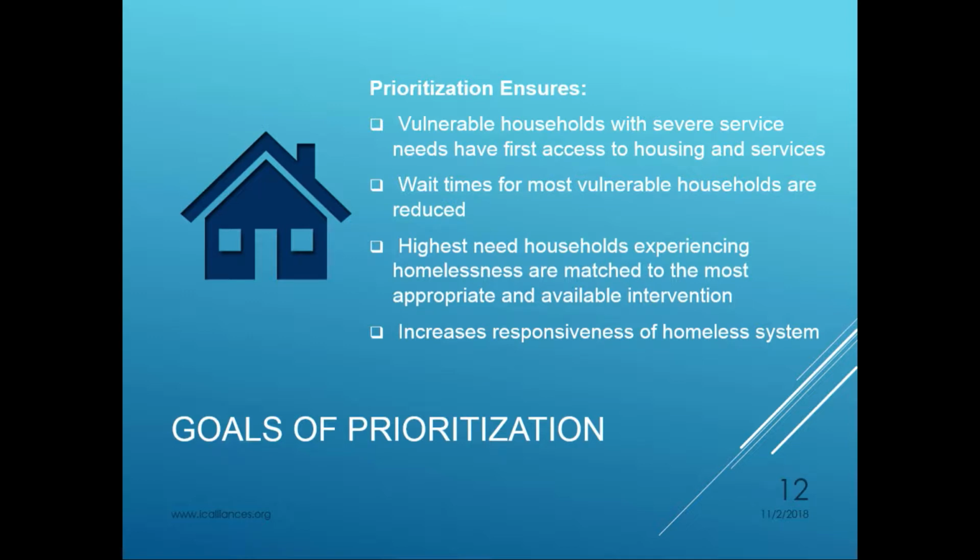So prioritizing based on severity of need and level of vulnerability is acceptable and recommended in this process, but prioritizing based on specific disabilities is neither acceptable, recommended, nor is it legal.